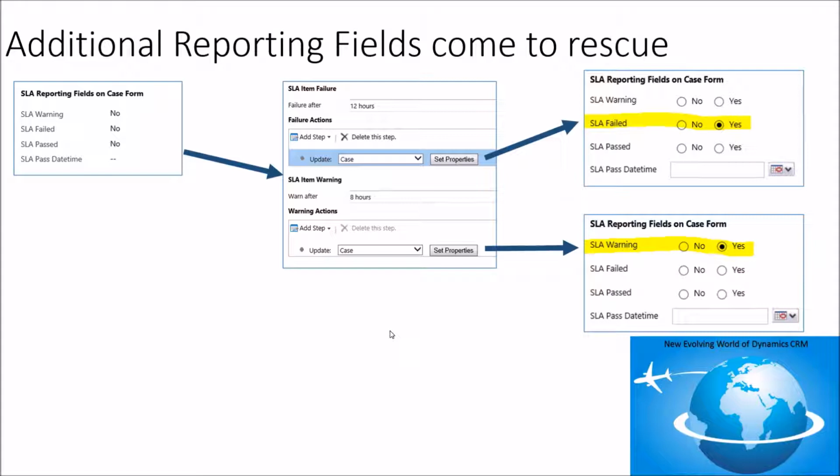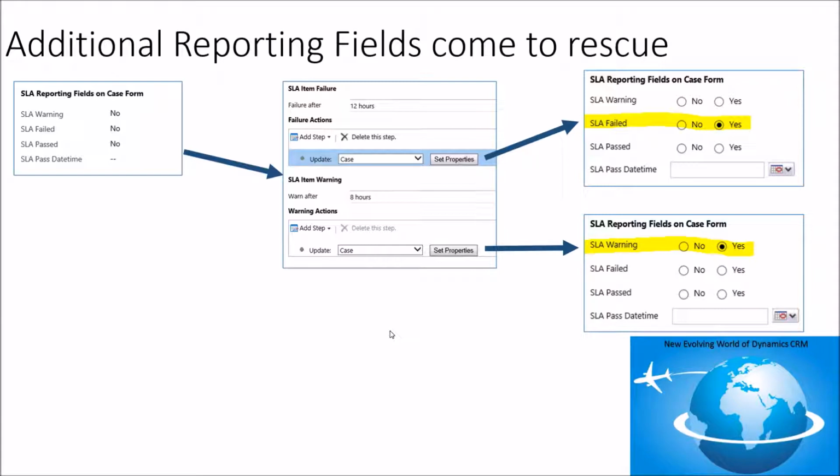And if it is for warning, then I will set the flag of SLA warning to yes. Such kind of configuration you can do, so that when SLA passes through these milestones of warning and failure, it sets the right kind of data on the case form, which is then used for reporting purposes.